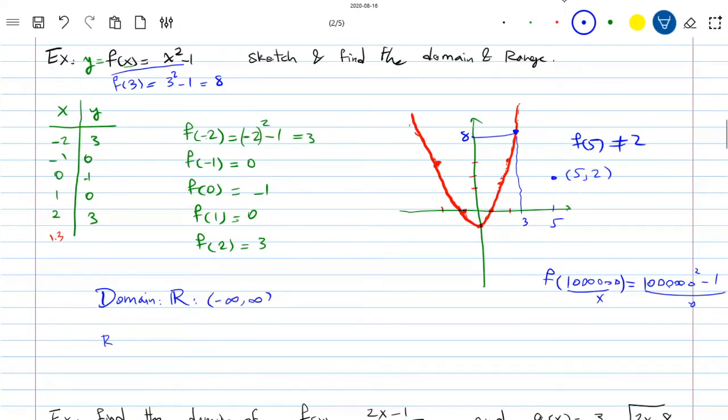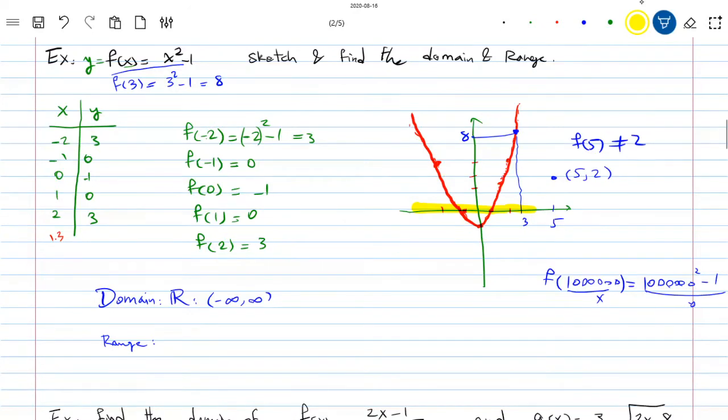How about the range? What is the range? What do you get for the y value? In this case, I'm going to show you this idea that if you have a graph already, you can project. If you project this curve onto the x-axis, what area would you cover? If you project it, you would cover this section.